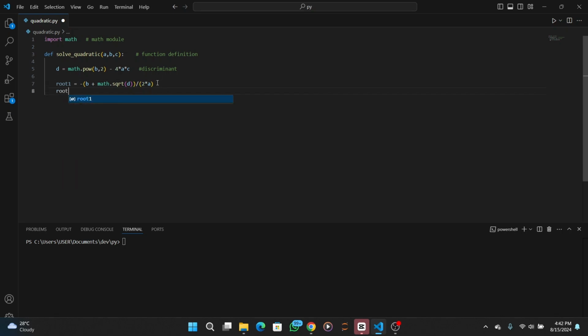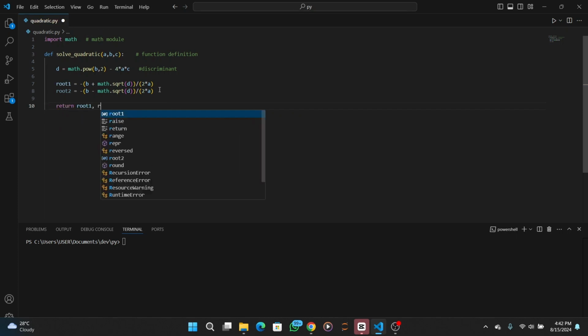Now my second root, which is root 2, is also given by the corresponding formula. Now as a function, I'm going to return these values. So root 1, then I'm returning root 2 also.